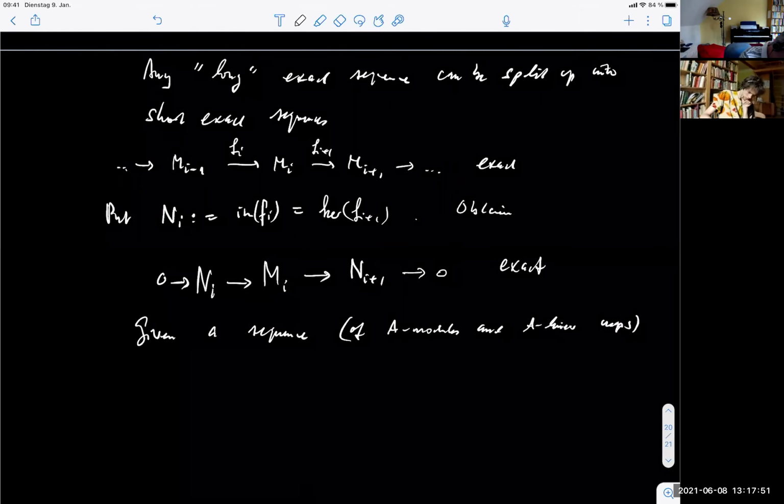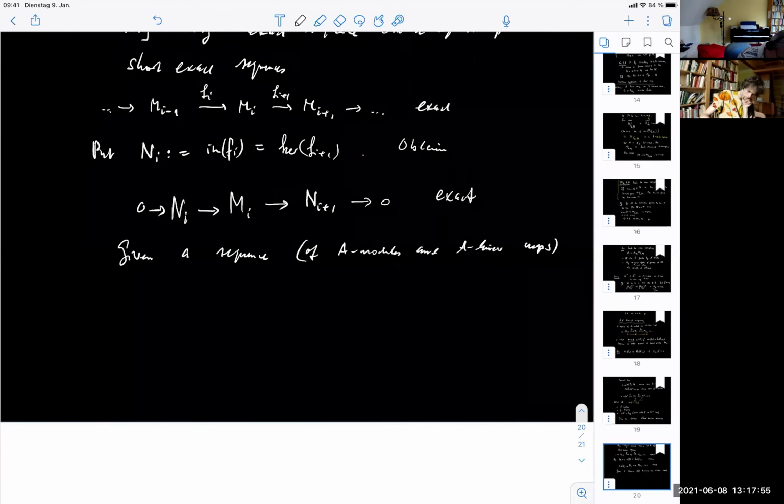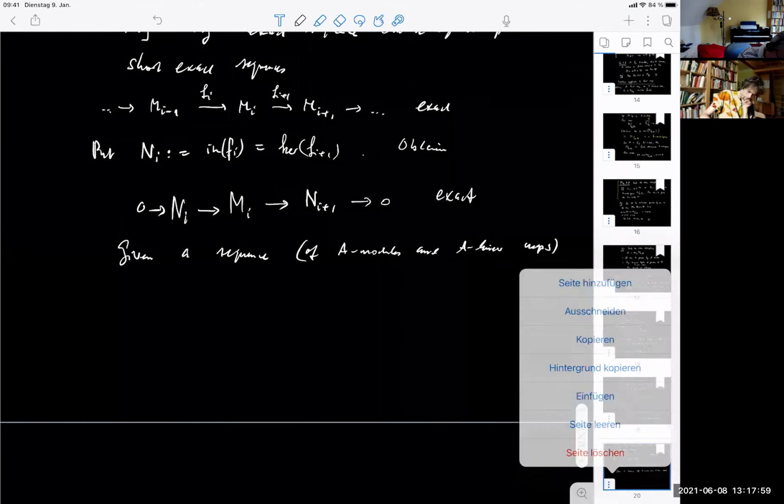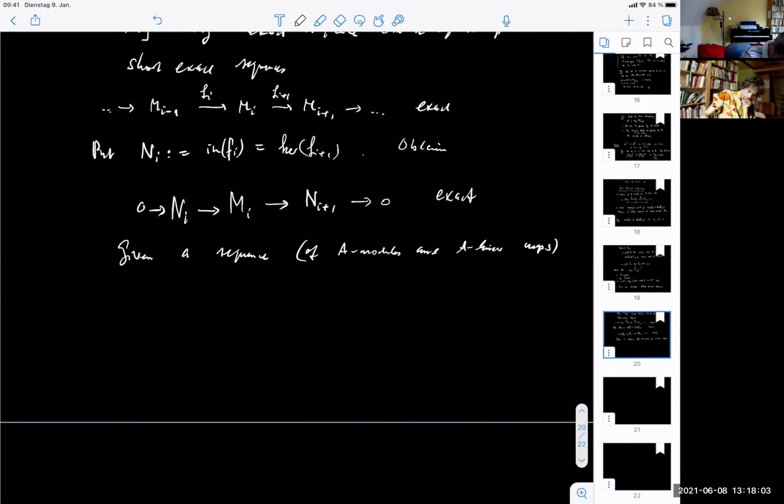Let's say M prime to M to M2 prime to 0. The 0 is only at the right-hand side. Let's call this one.